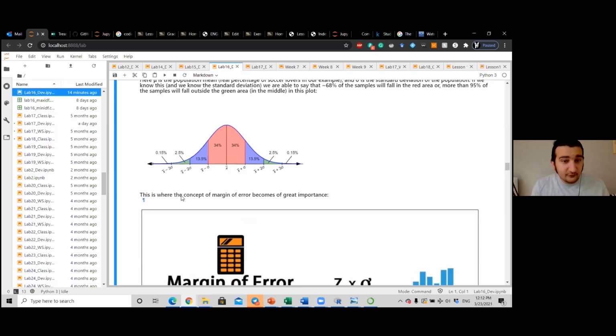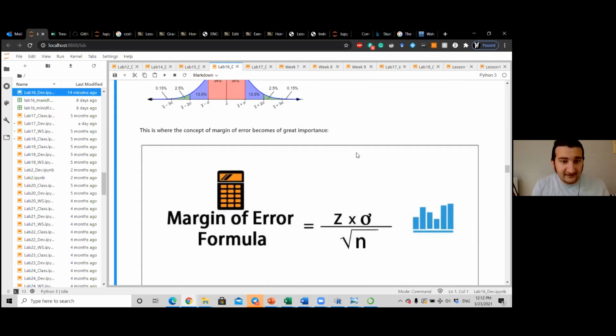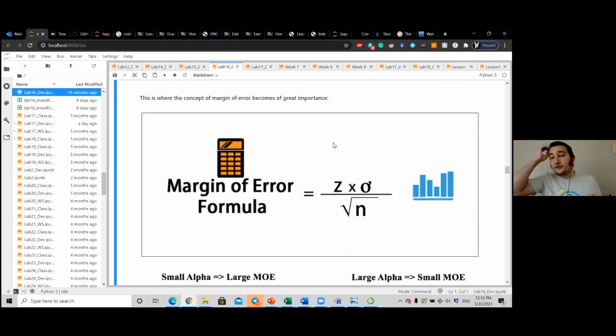This is where the concept of margin of error becomes of great importance. Now, what is margin of error, or MOE? We calculate margin of error as Z multiplied by sigma divided by the square root of n.